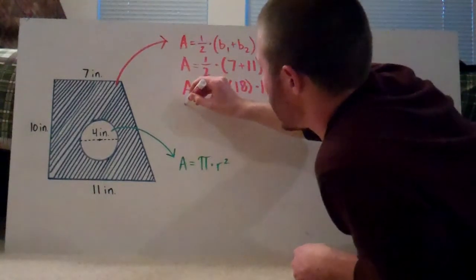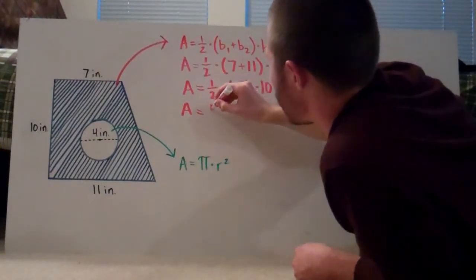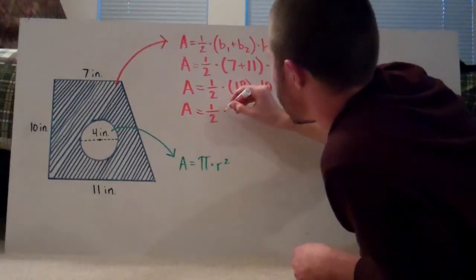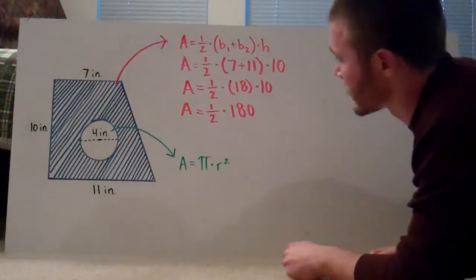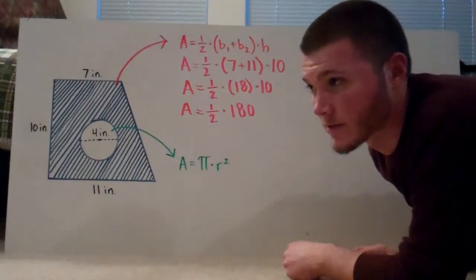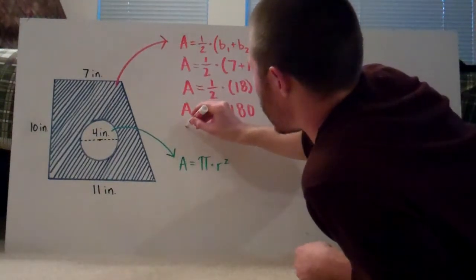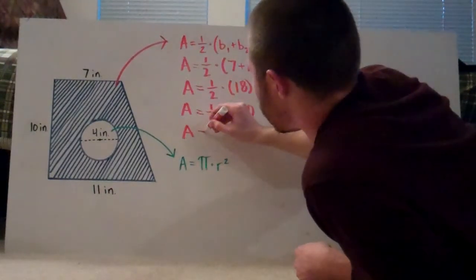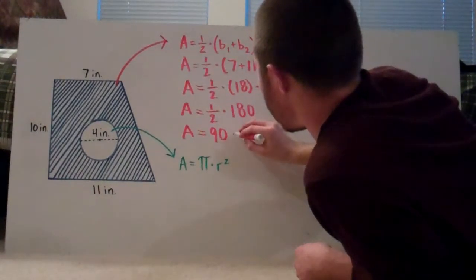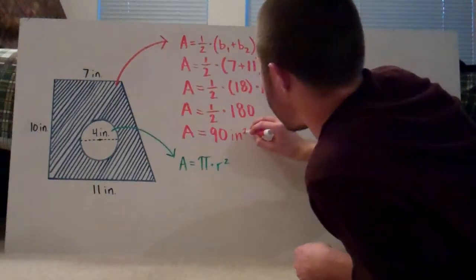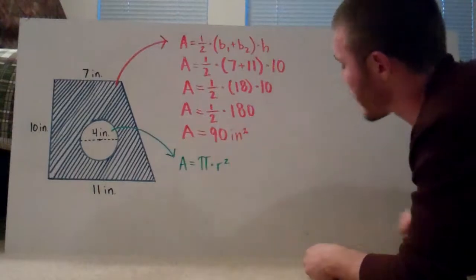So A equals 1/2 times 180. Now I have to figure out what half of 180 is, and it's just 90. So the area ends up equaling 90 square inches. That's the area of that trapezoid.